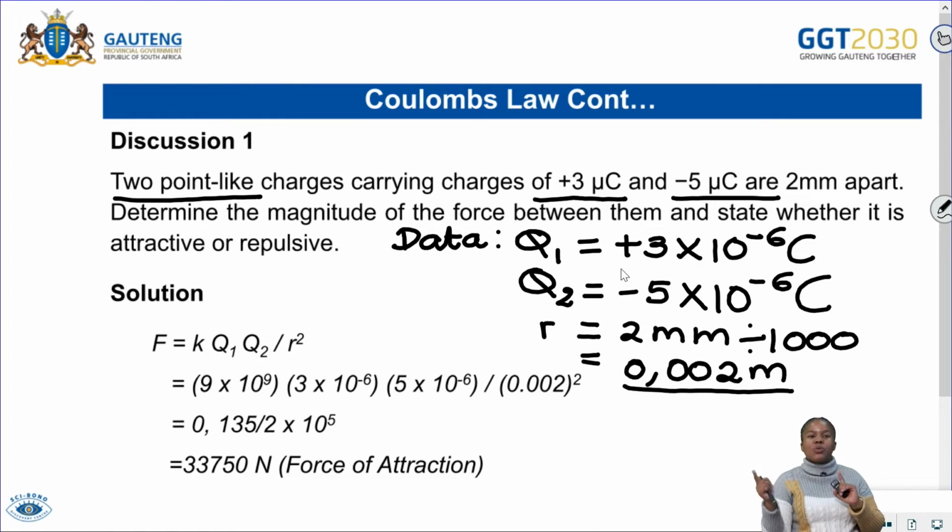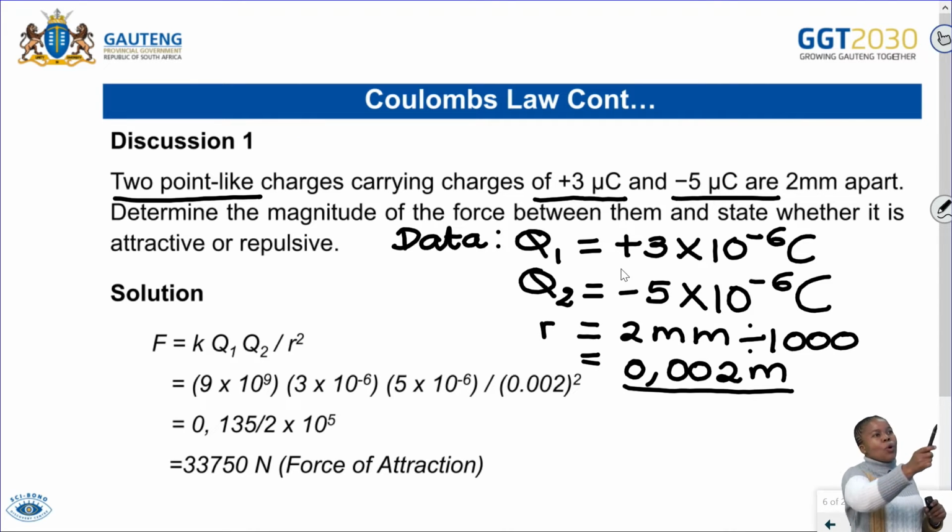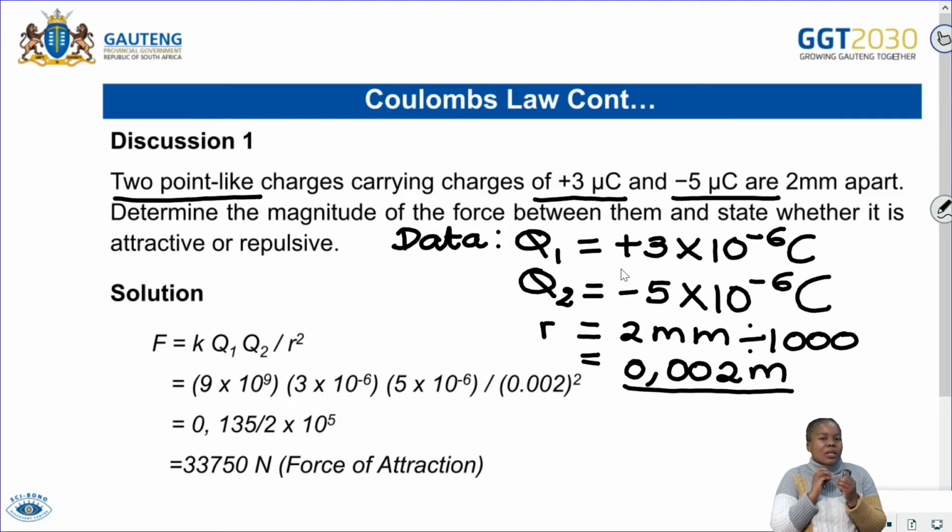You will also notice that even though we have the signs of the charges, we did not put them in. We just said it's 3 times 10 to the power of minus 6 and 5, because we already know that if the charges are unlike, a positive and a negative, the force that exists there is a force of what?